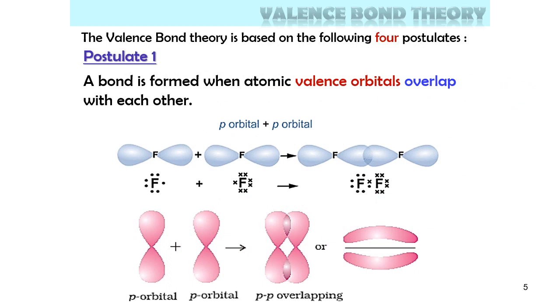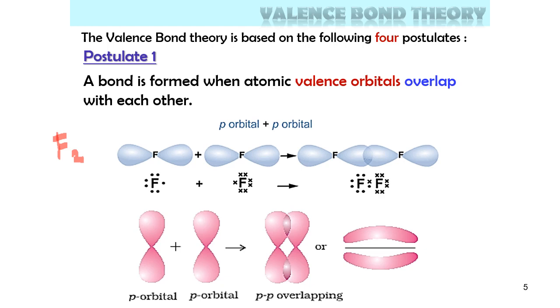If you have two p orbitals like this, one p orbital for fluorine and another p orbital for another fluorine atom, so this molecule is F2, the overlapping will be in this form, which is end to end.